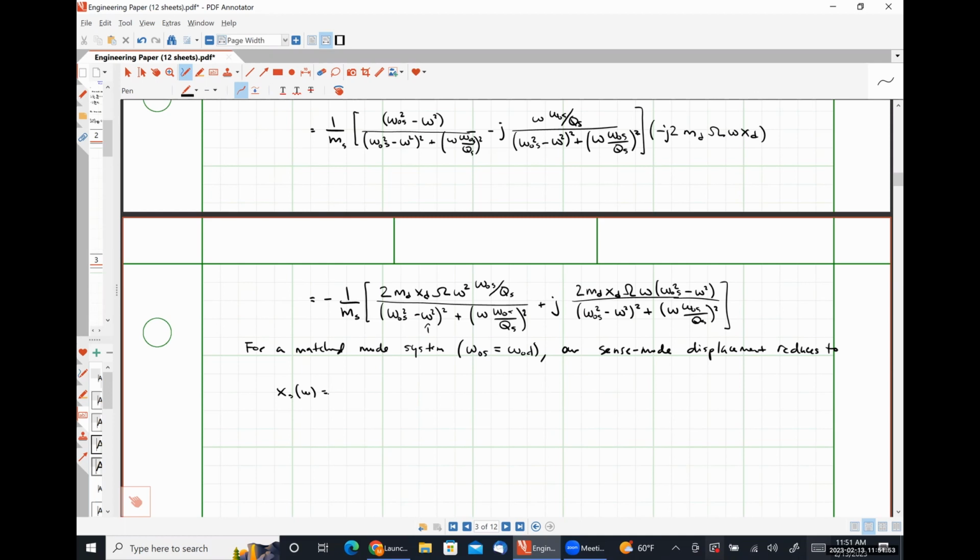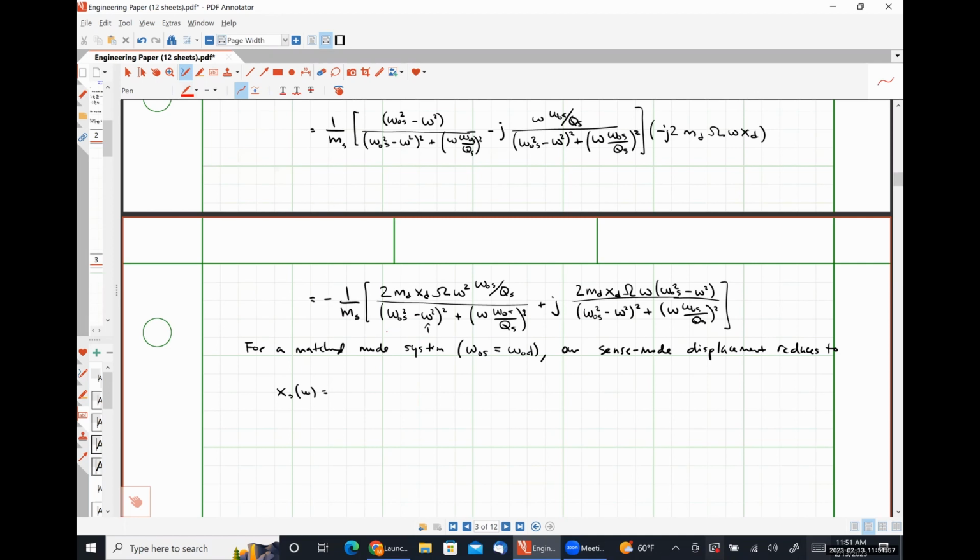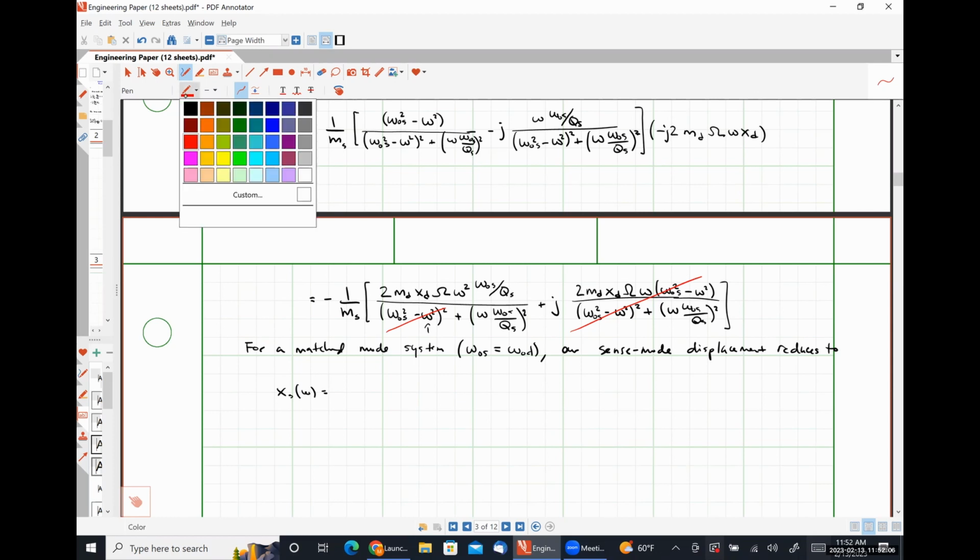I don't want to do this too much because we're going to come back to this equation. That whole term goes away.